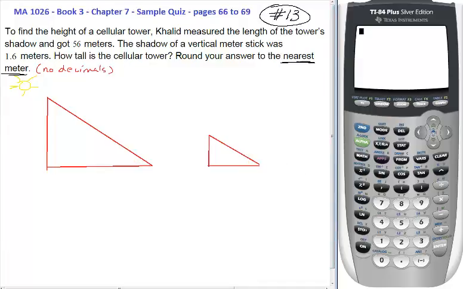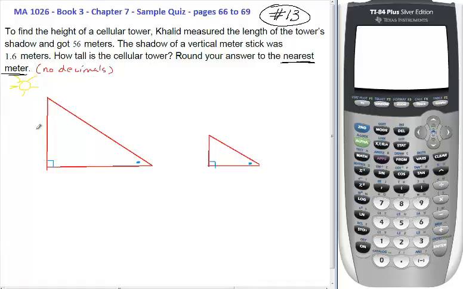We're also assuming that there's right triangles in both of these, so the tower is straight up and the meter stick is straight up. Okay, so this angle equals that angle based on the shadows from the sun at the exact same time, and therefore the triangles are similar by angle similarity.